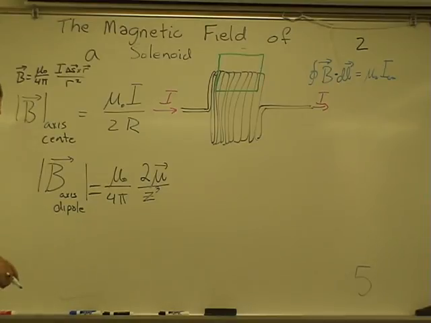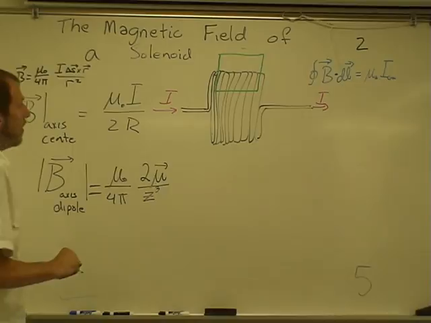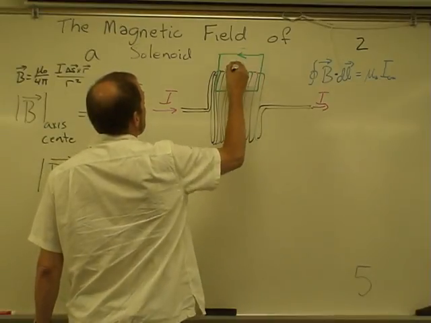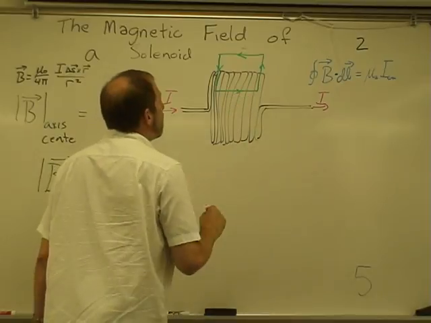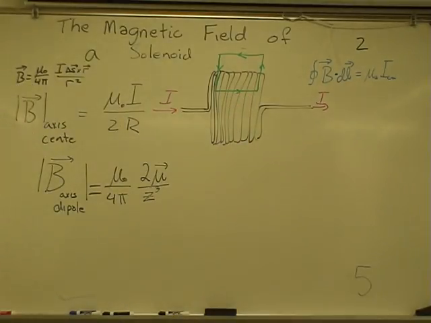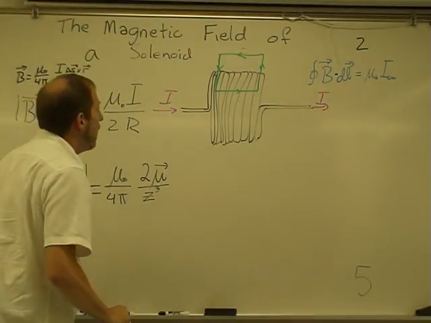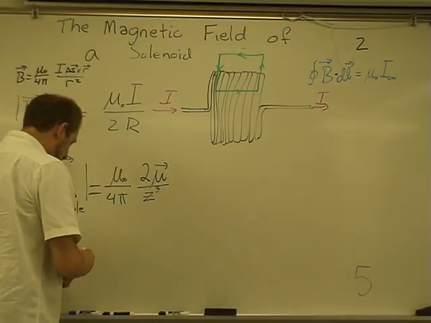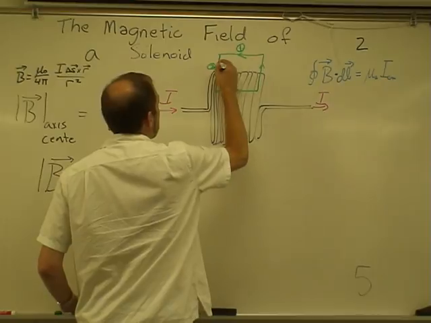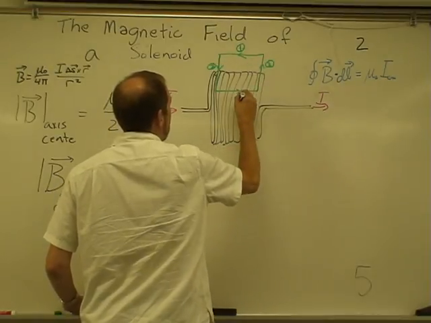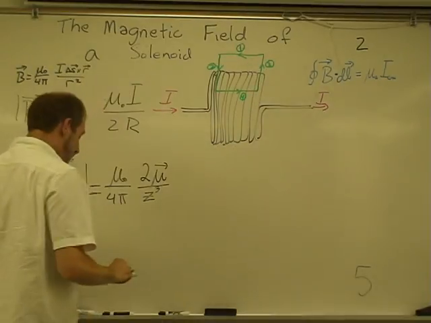If I track this in this direction, I'm taking that integral. Let's say path 1, path 2, path 3, and path 4.